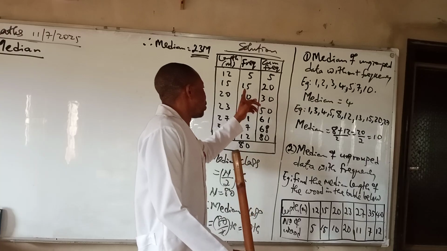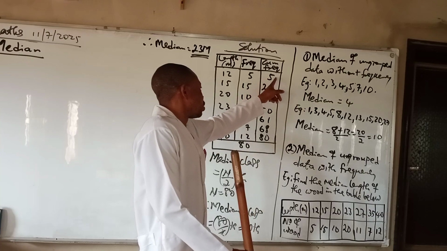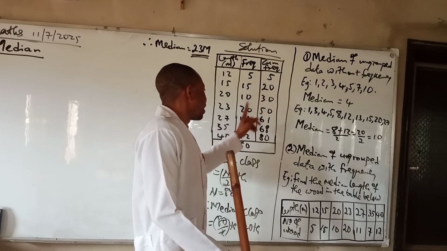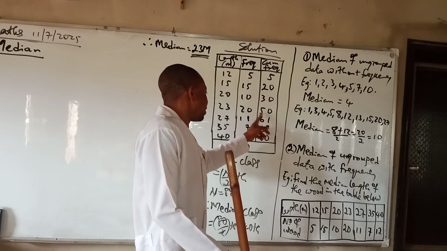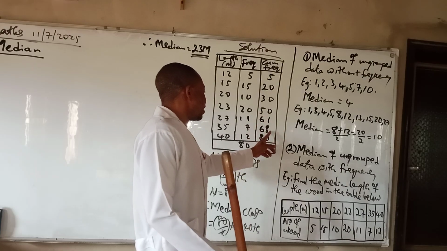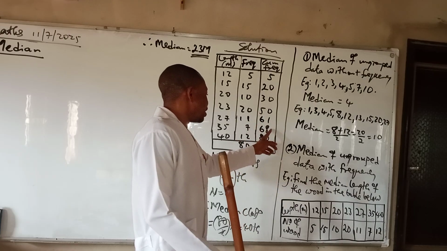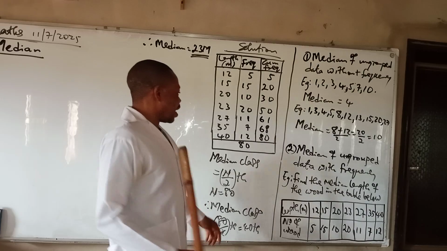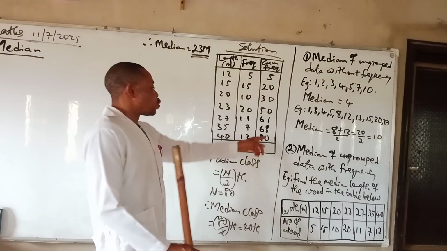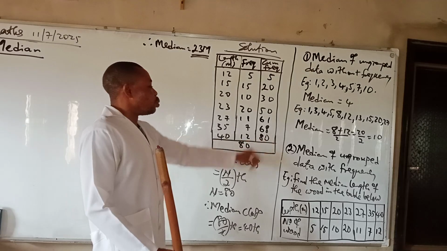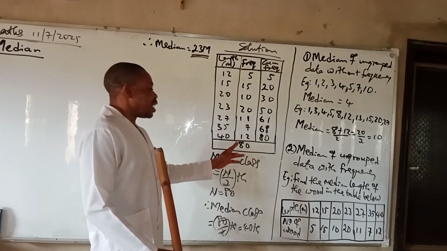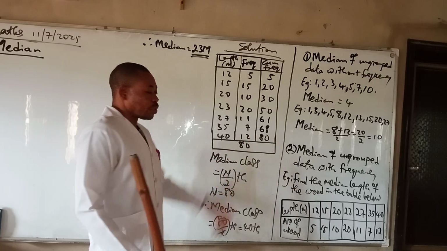Now, to get the others: 15 plus 5 gives 20. 10 plus 20 gives 30. 20 plus 30 gives 50. 11 plus 50 gives 61. 7 plus 61 gives 68. 12 plus 68 gives 80. In that case, the total frequency must be exactly equal to the last number in the cumulative frequency column. Otherwise, either this one is wrong or that one is wrong.